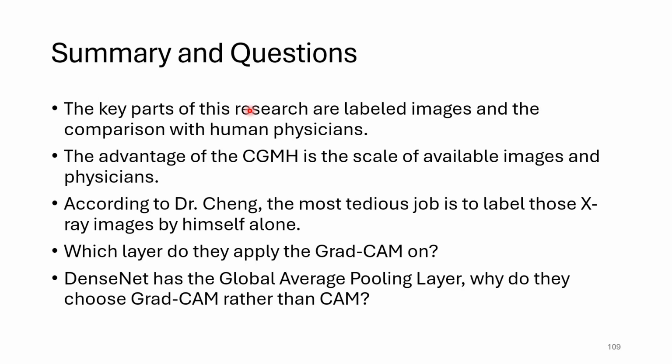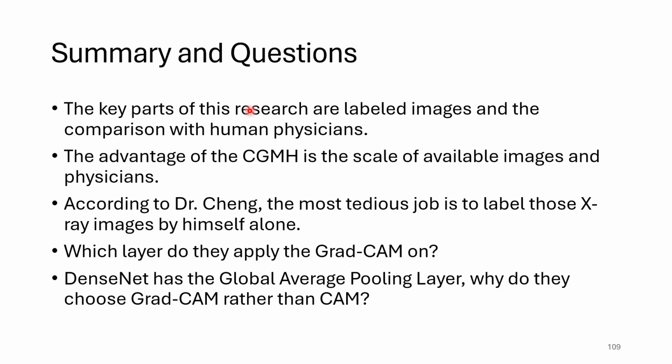And something interesting is, because Dr. Chen delivered his presentation to us this semester, according to experience, the most tedious job in this research is that he needs to label those X-ray images by himself.